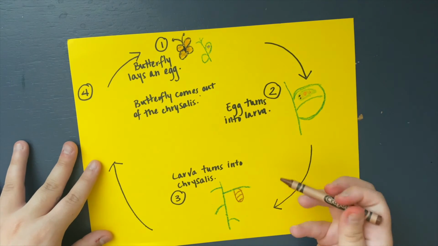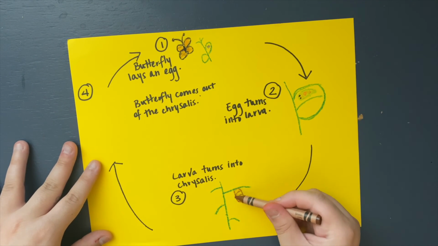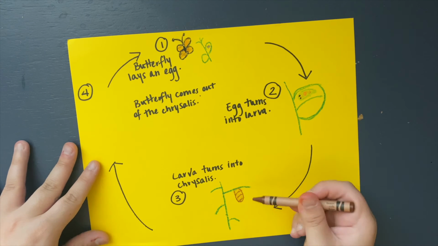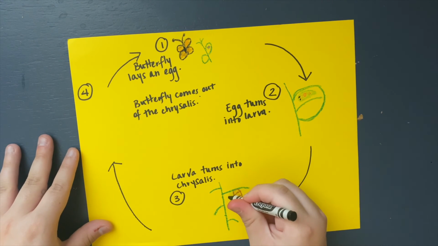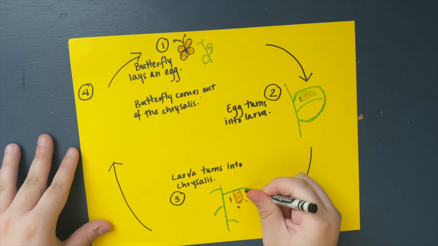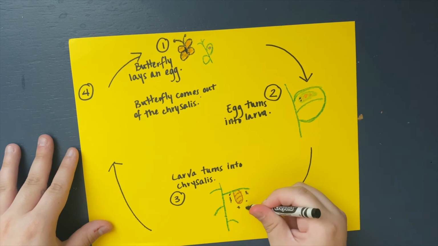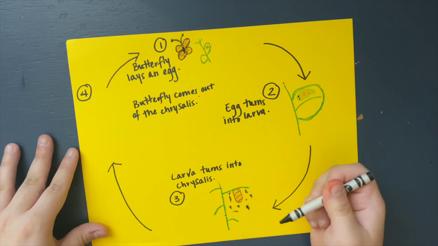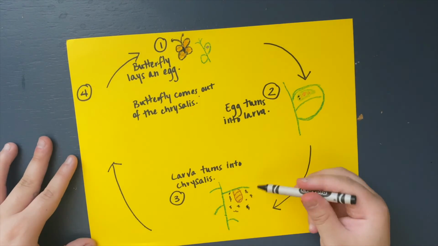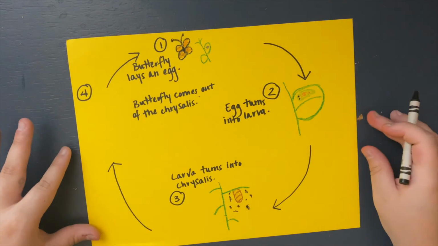And in there is the larva turning into a butterfly. So we can kind of show that maybe it's moving and transforming in there. Make some little signs there. And so it's moving in there and it's transforming into a butterfly.